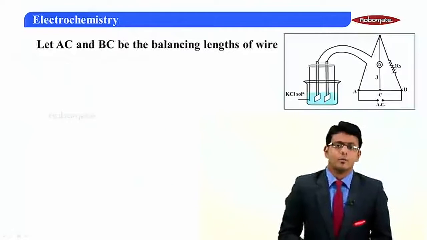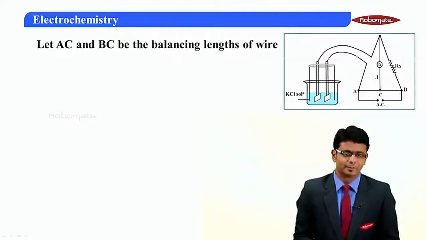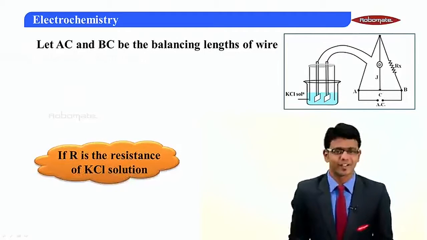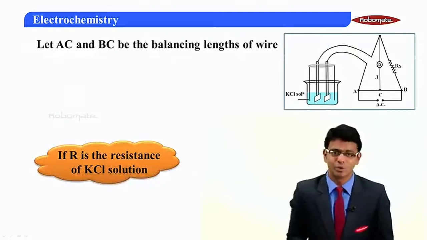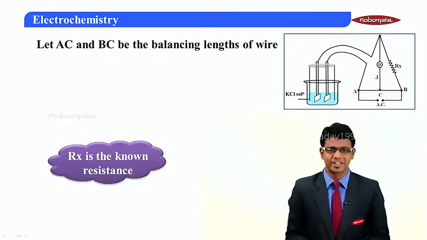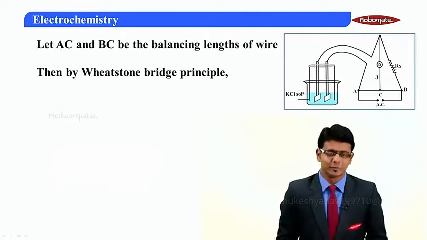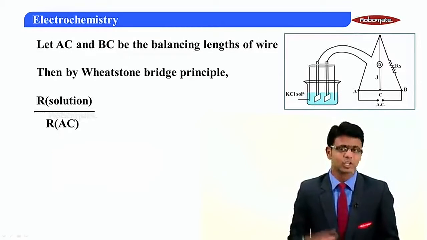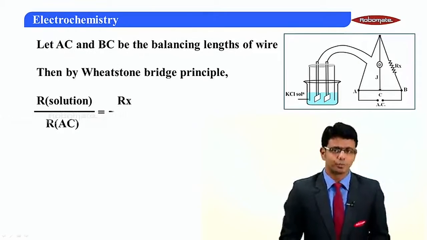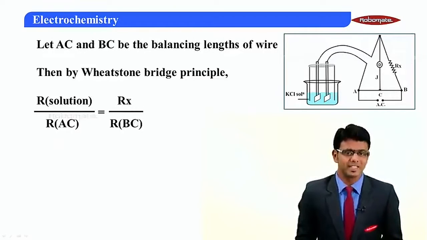So now we can consider that AC and BC are the balancing lengths of the wire. And R we are considering as the resistance of the KCl solution, which is unknown to us, and Rx is a known resistance. So according to the Wheatstone bridge principle, we can say that resistance of a solution upon resistance of the wire AC is equal to Rx upon resistance of the wire BC.